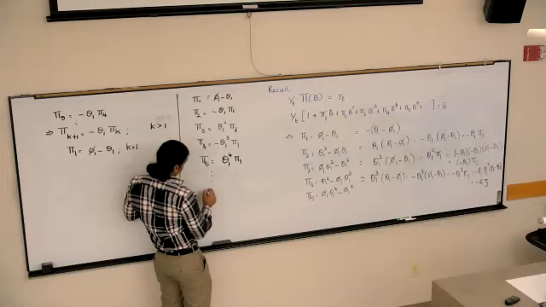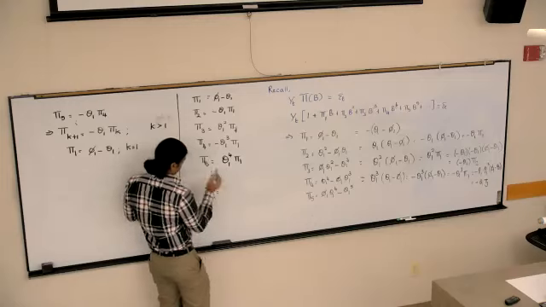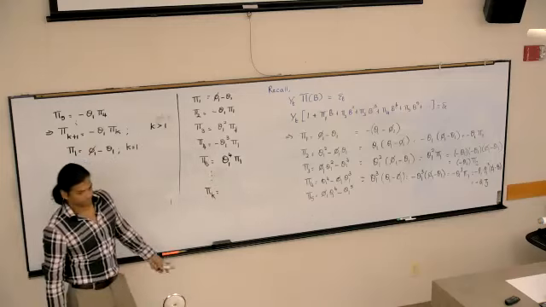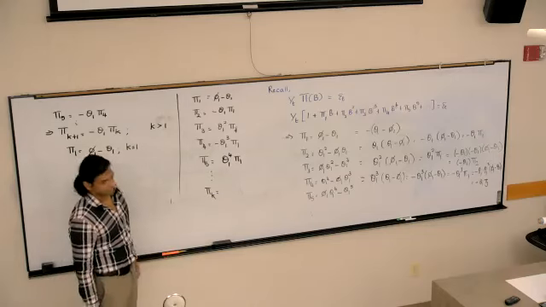In general, pi k will be equal to, how would we write this?